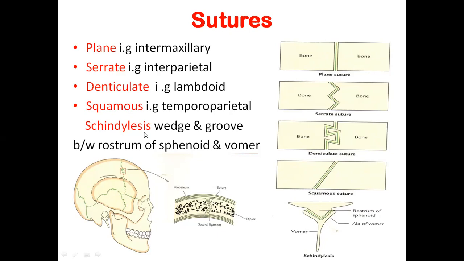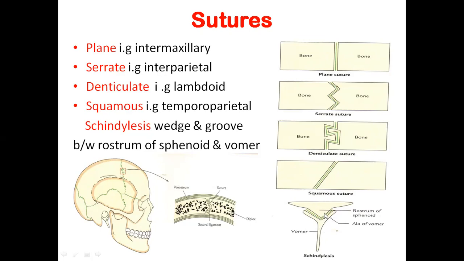Finally, another type of suture, that is a type of fibrous joint, is the scandilosis, that is wedge and groove. This is a wedge of a bone, and below is the groove of another bone.